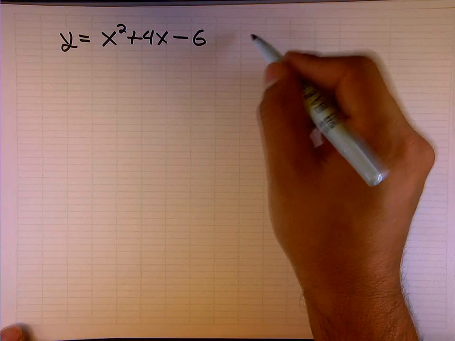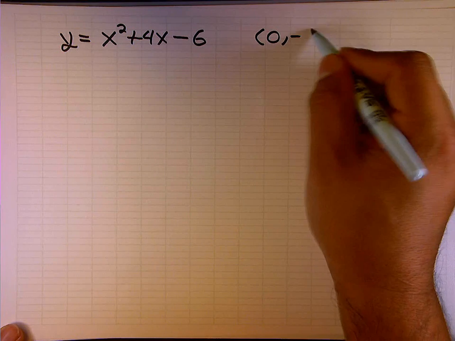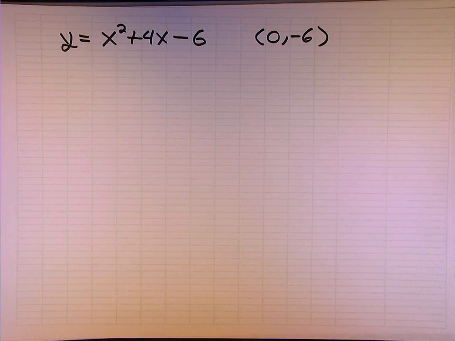This one's kind of easy to determine whether it crosses or not because my y-intercept is at 0, -6, and this parabola is opening up. So if I'm below the x-axis somewhere and it's opening up, it's going to cross twice. Everyone all right with that? However, generally when I graph a parabola and I identify all of its key points, I like to start with identifying the vertex.